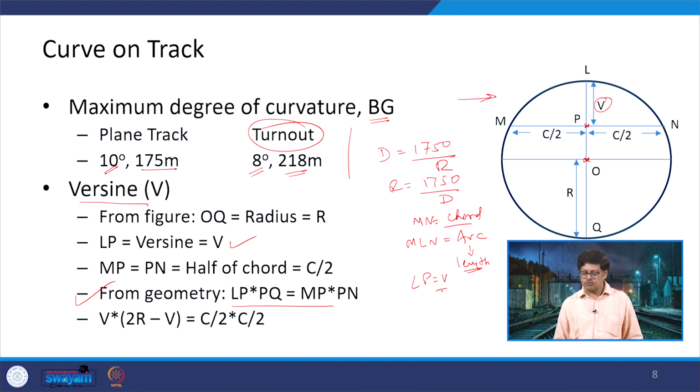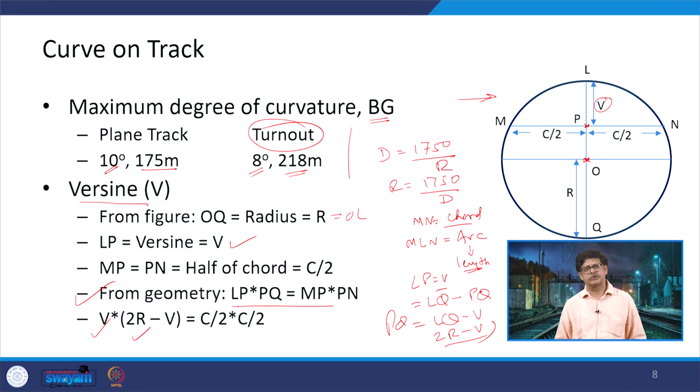Now, LP is V, and PQ is LQ minus V, and LQ is LO plus OQ, and LO and OQ are radii. So OQ is the radius and OL is also the radius, which means LQ is 2R, and the value of PQ is 2R minus V. So, considering 2R minus V and V, and when we talk about MP and PN, P is the bisector point of the whole chord.